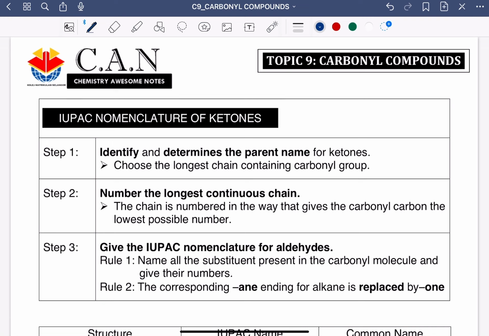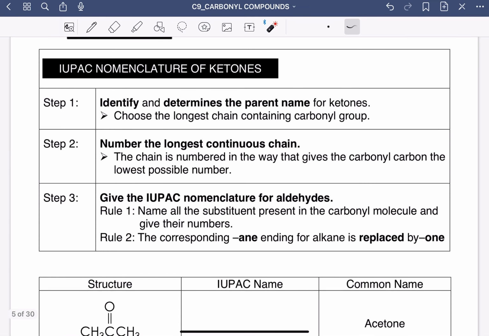So the naming of ketone is almost the same, except if it's ketone, we are not going to name it as al like methanol, but we are going to end it with -one. So like we have propanone, and we do have butanone.